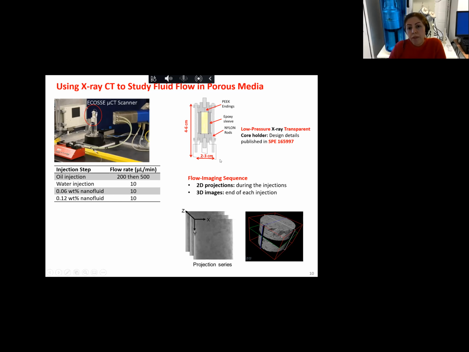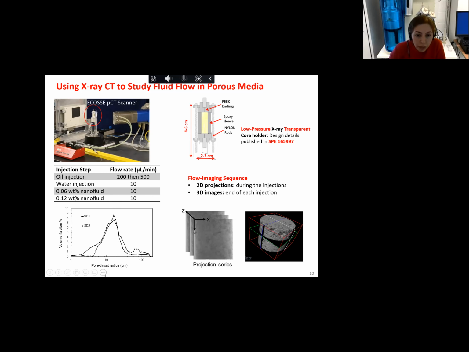So we did that. So the data set is a number of these 3D images at the end of each injection step, but also a number of sequences of images that were captured during the injection steps.